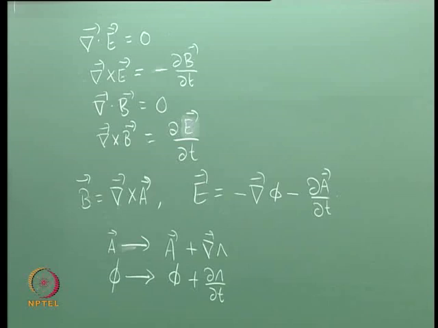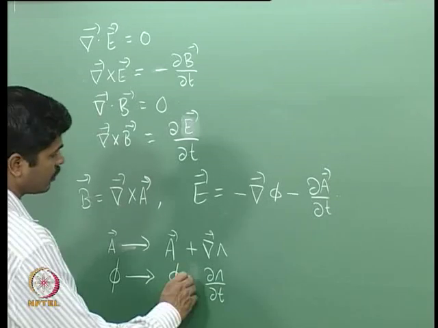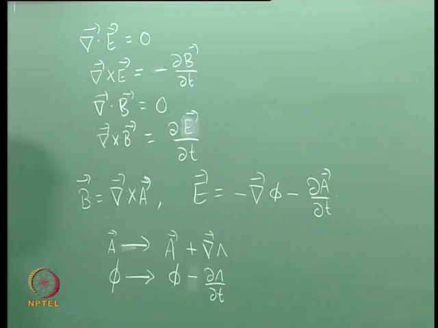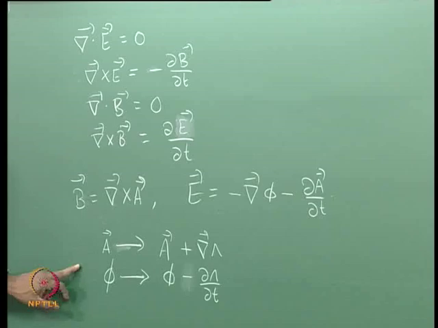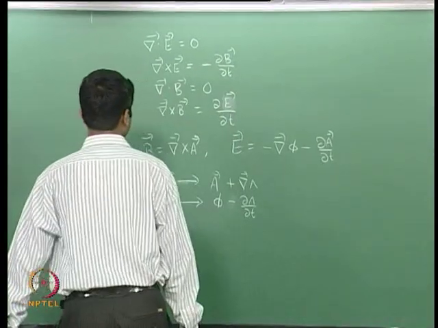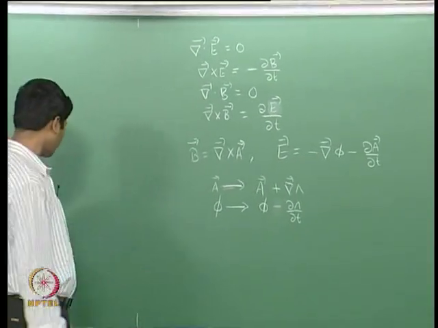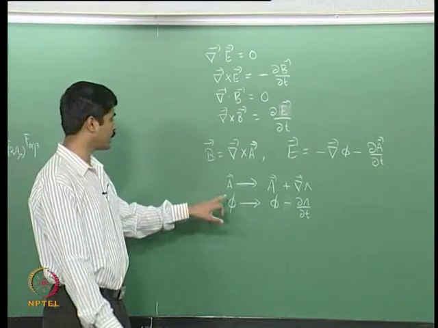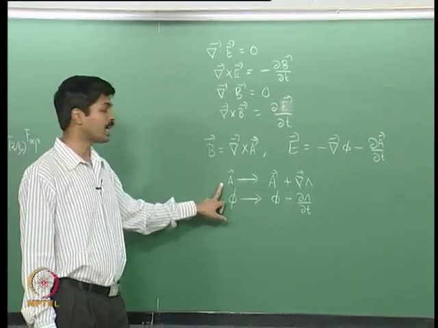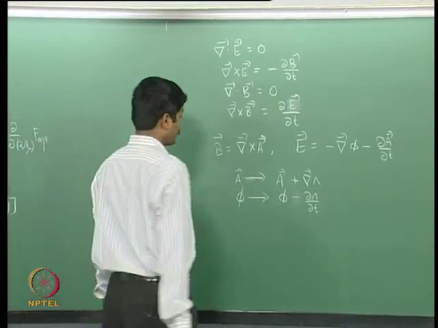You can see that under this transformation, I think one of these has to be minus. If you make such a transformation, then the electric field as well as the magnetic field remain invariant. This phi, you can identify with the 0th component of the gauge field A mu, and the ith components are identical to the ith components of this vector potential here. Okay.